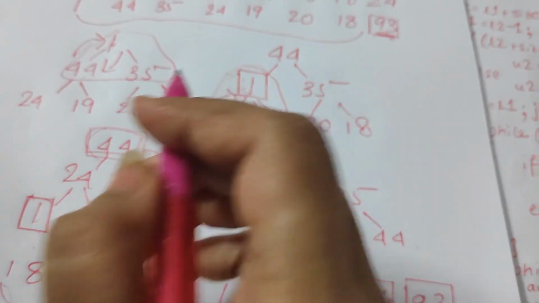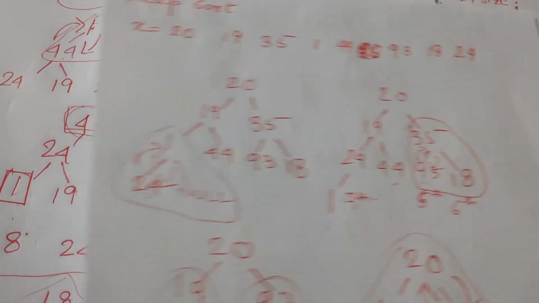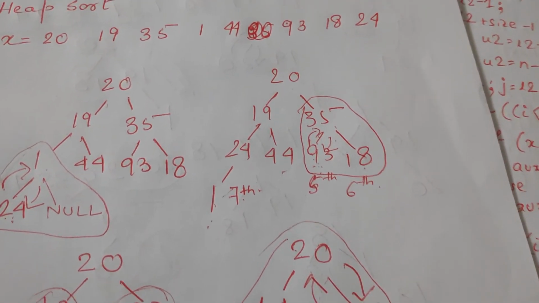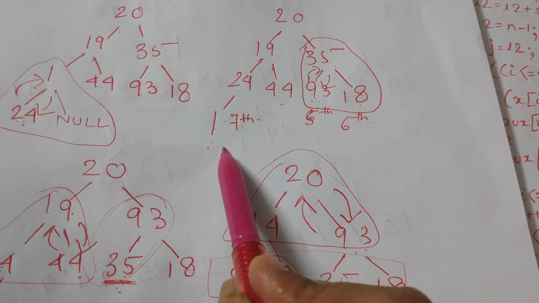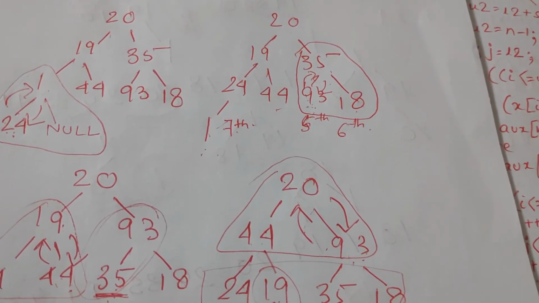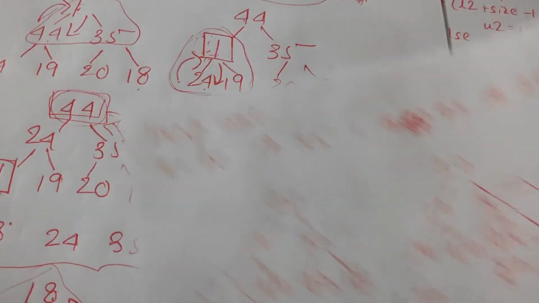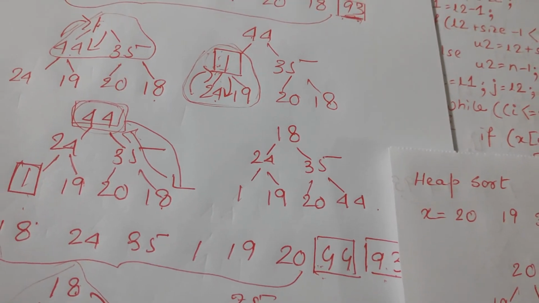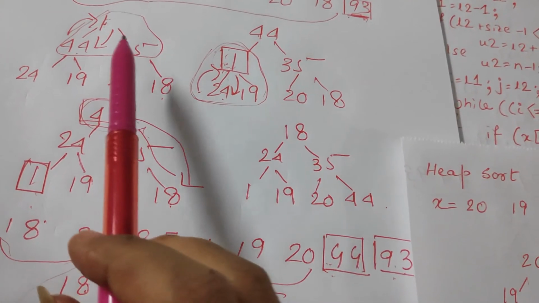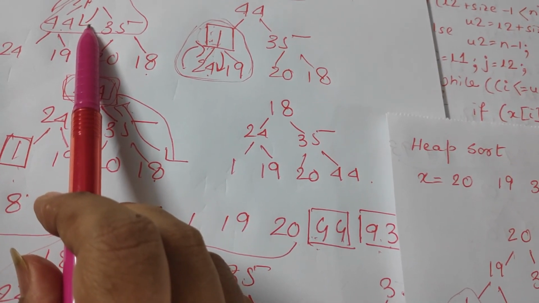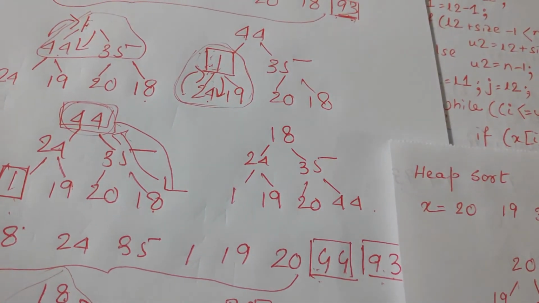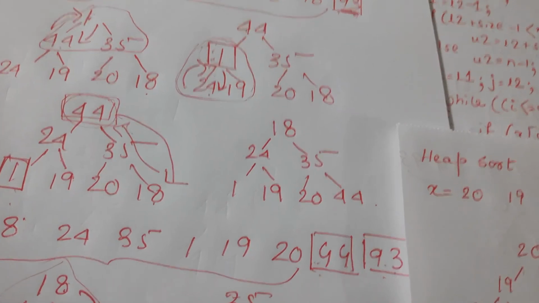So therefore, to create the heap for the first time, we need to start from the end. But once the heap has been created, then we again continue from the root node of the tree. Correct? So this is how heap sort is done.